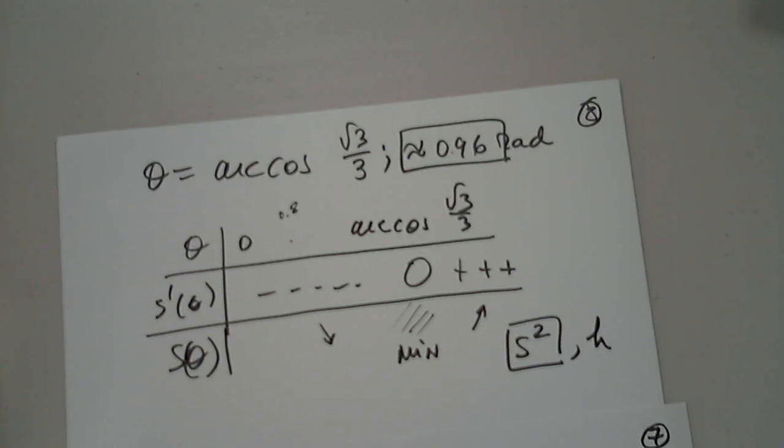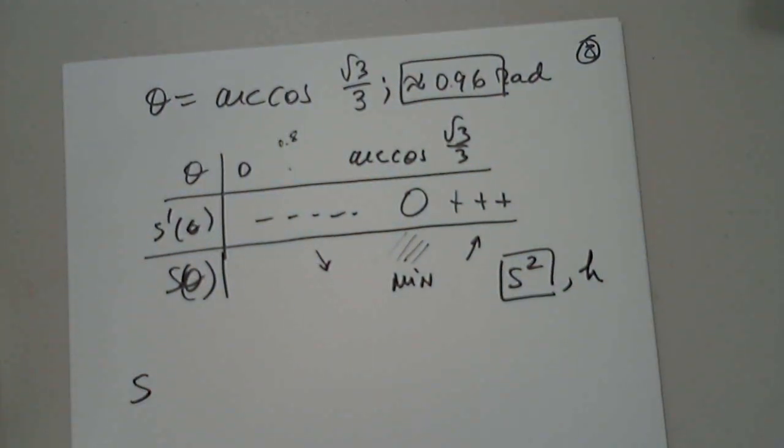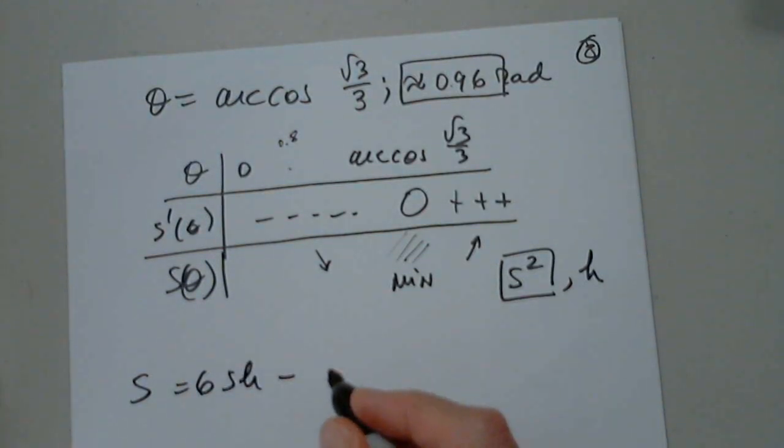Oh, so determine the minimum surface area of the cell in terms of S and H. Okay. So S, all I can do is just plug in the numbers. So it's 6sh, which I don't have, minus 3/2 s squared.